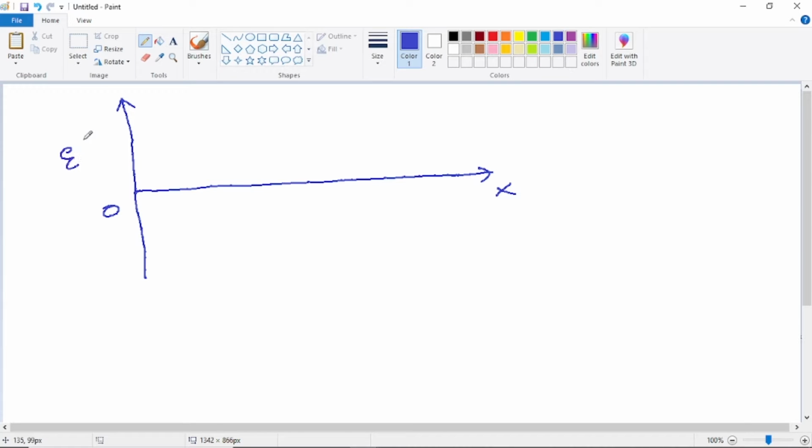EMF is taken on the positive y-axis, and this is the negative y-axis. The EMF E here is the potential difference. And not only the EMF, even current can be taken along the y-axis. And time is taken along the x-axis.